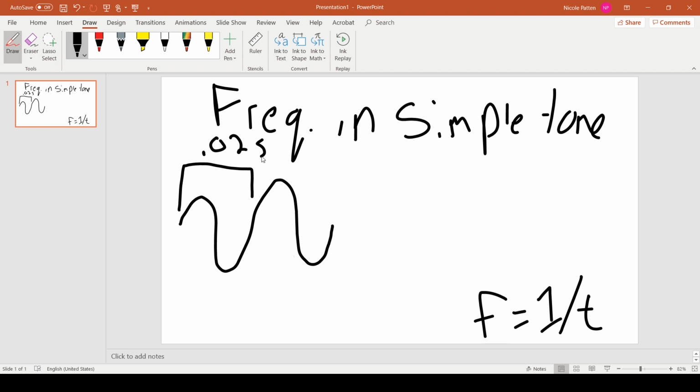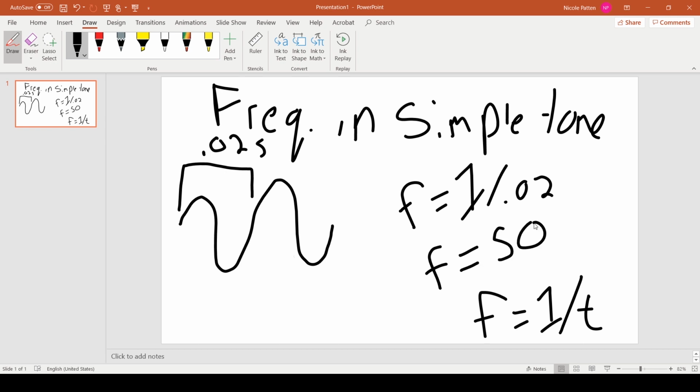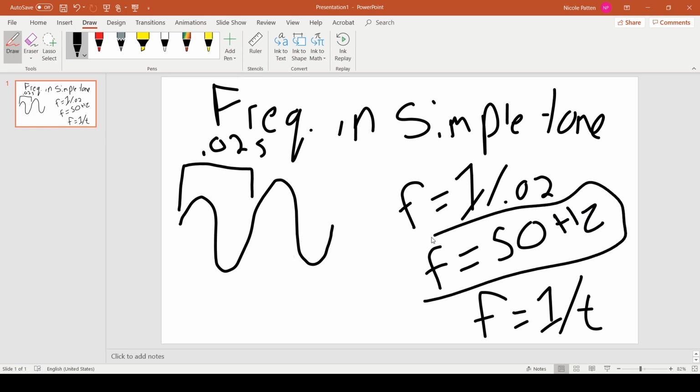So if we put it into our formula, we've got frequency equals 1 over 0.02. And that means that frequency equals 50. 50 what though? What's the units here? It's hertz. So frequency equals 50 hertz. Okay.